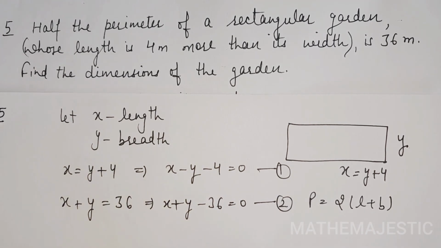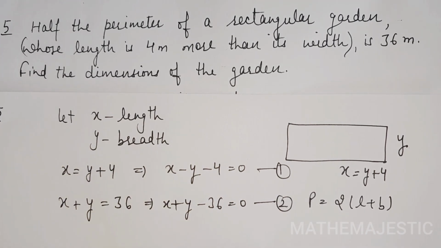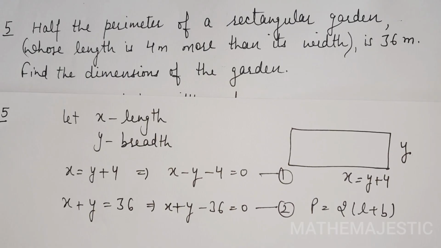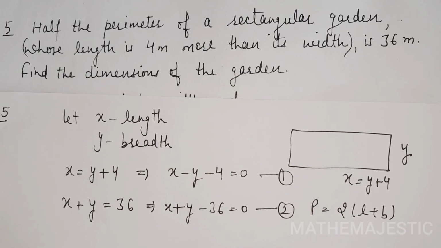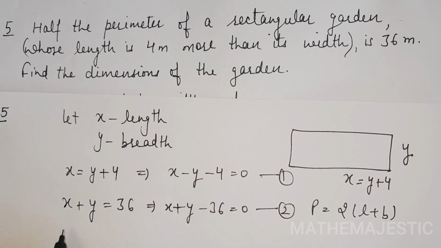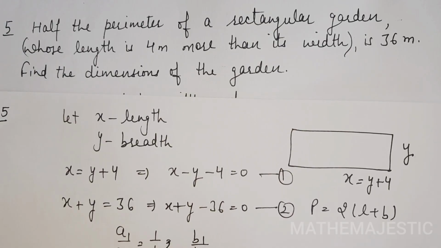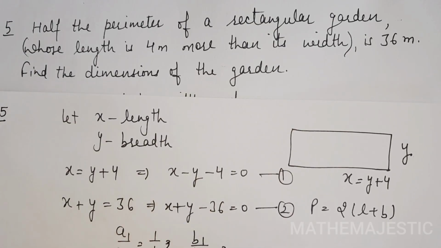First we will find out whether they are consistent or inconsistent, and if consistent, then graphically we will find their solutions. So we will find the ratios first. A1 by A2 is 1 by 1, and B1 by B2, the second ratio, is minus 1 by 1, that is minus 1.